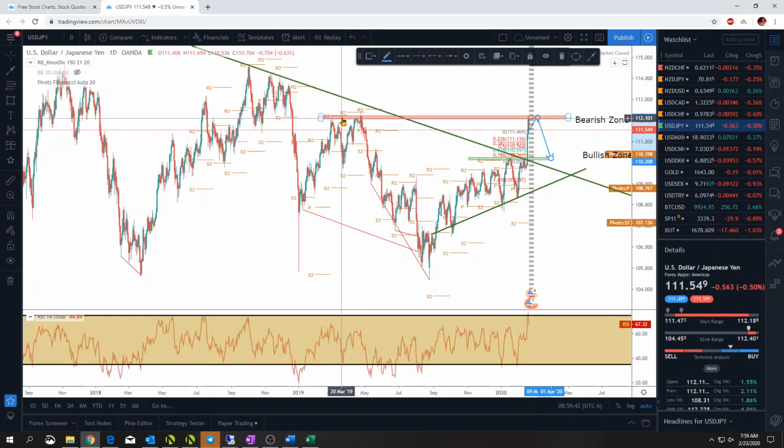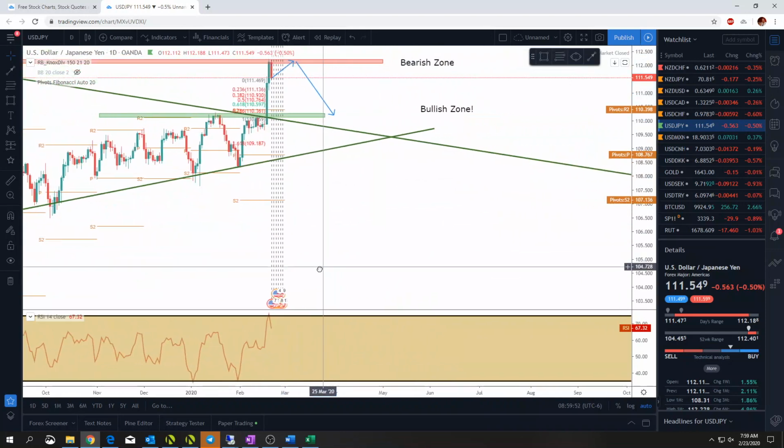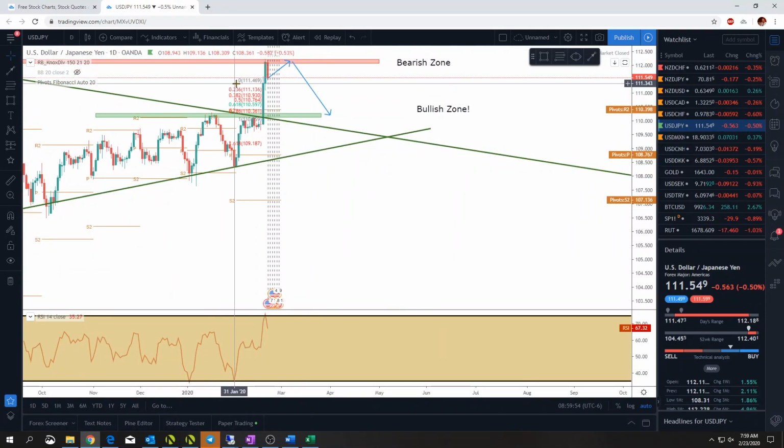I kind of predicted last week, told myself it's going to go to the 112, 100s, and I want to see what it does. And we got this break. I'm not going to panic and jump for joy. But if this thing does continue down from this point, all it's doing is making my positions get better and better. So, we'll just have to see. We have some decent fundamentals this week.